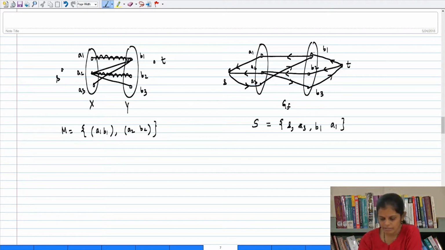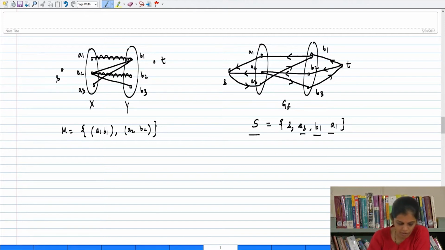Observe that the set S that we have constructed need not only contain vertices from one side of the bipartition. As we have seen here, it contains A3, A1, and it also contains B1. So in general, the set capital S, which is the set of vertices reachable from little s in the residual network, may contain vertices on both sides.